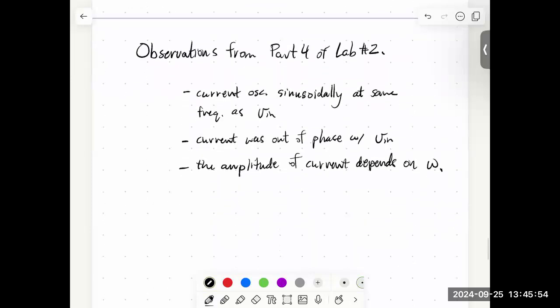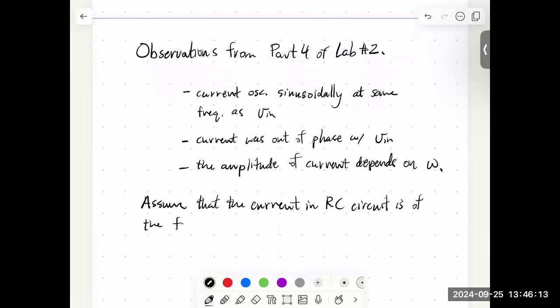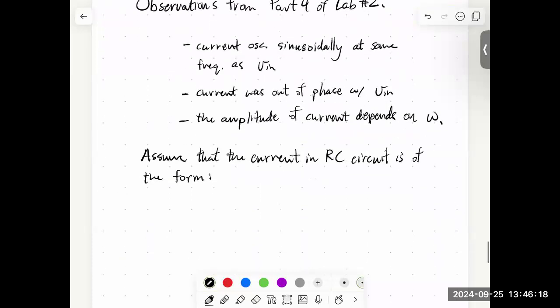And so in order to capture all these observations, we're going to assume that the current in the RC circuit is of the form, I'm going to use little i for this current.